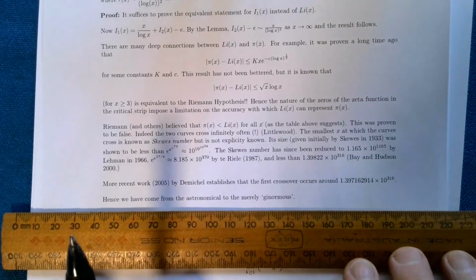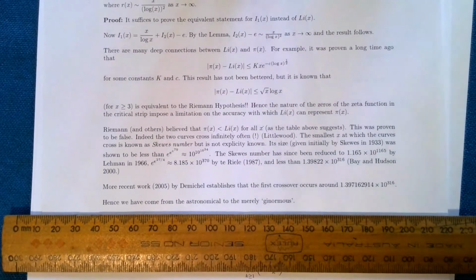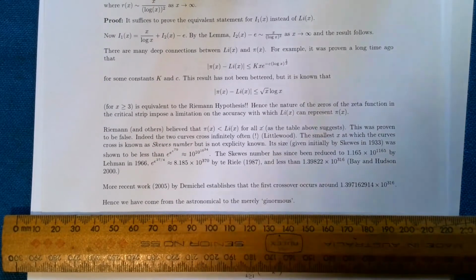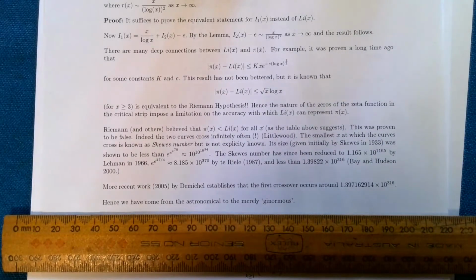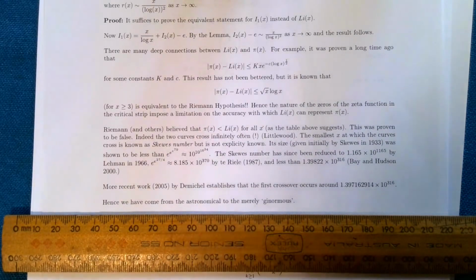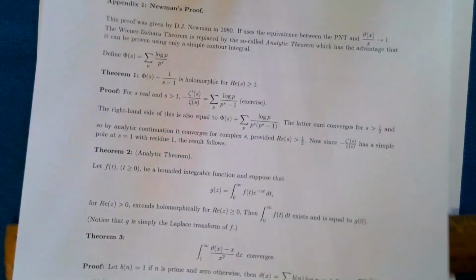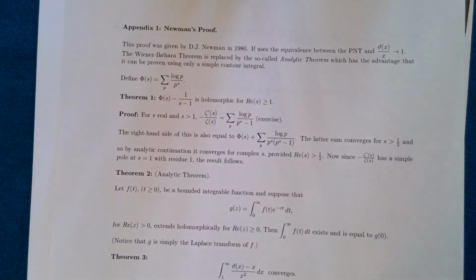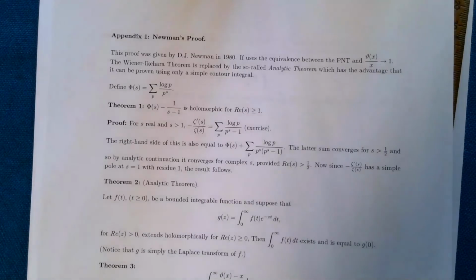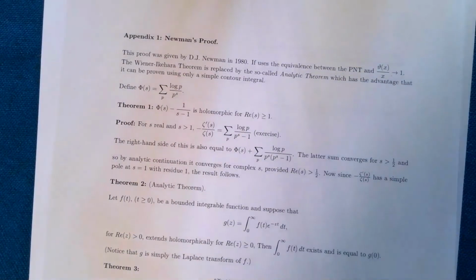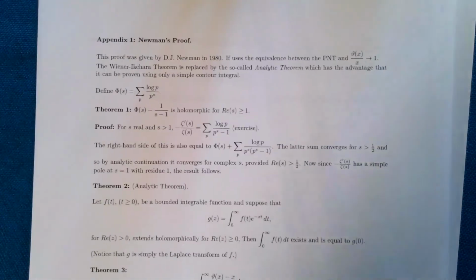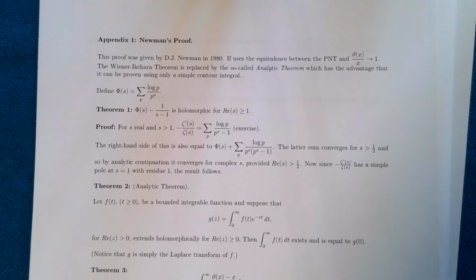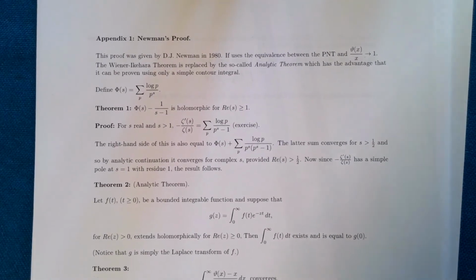And that's the end of what I wanted to do on the prime number theorem. I'm going to just give a quick sketch of Newman's proof. This proof was given in 1980 by Newman. It uses the equivalence of the prime number theorem to this.